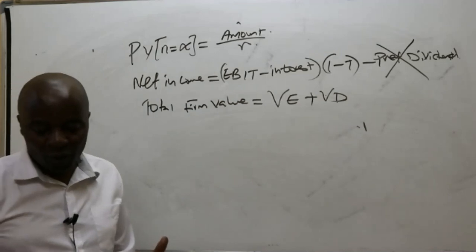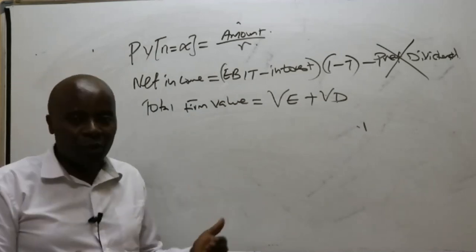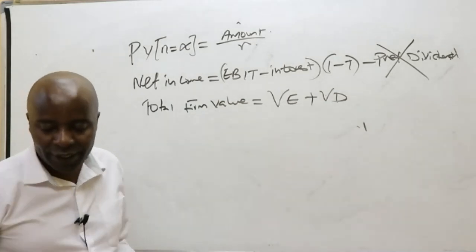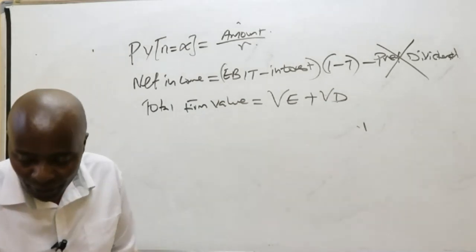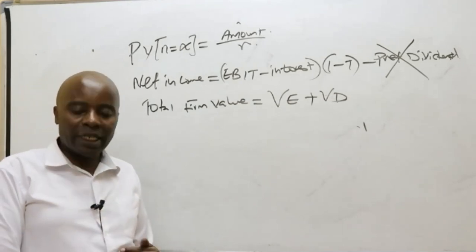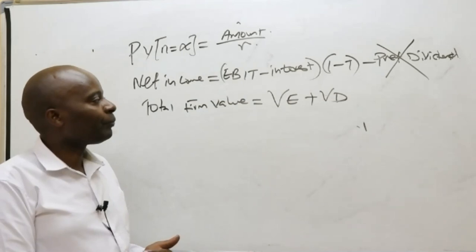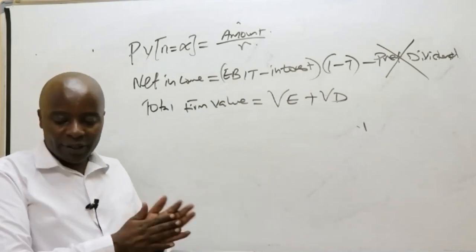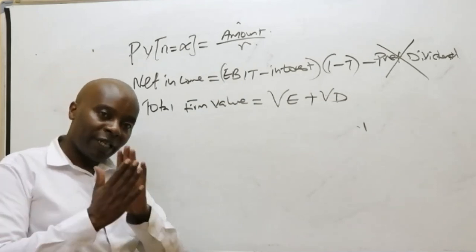Total firm value equals value of equity plus value of debt.